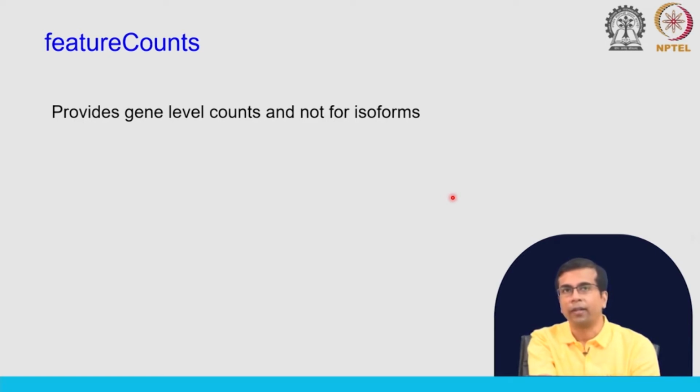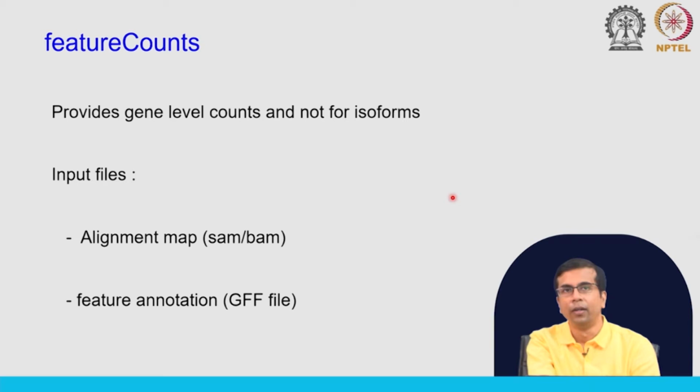It provides gene level counts and it will not provide any count for isoforms, right. Again, as we have seen, doing this for isoforms is very difficult, right, identification of isoforms, especially from short read data. So, again here the input files are the alignment map, SAM or BAM file, and then the feature annotation file, which is the GFF file.